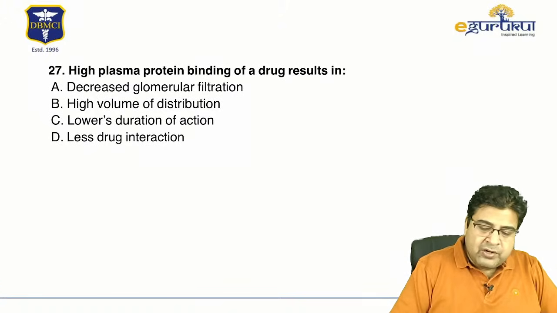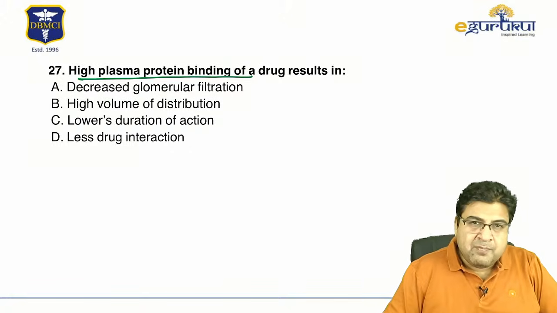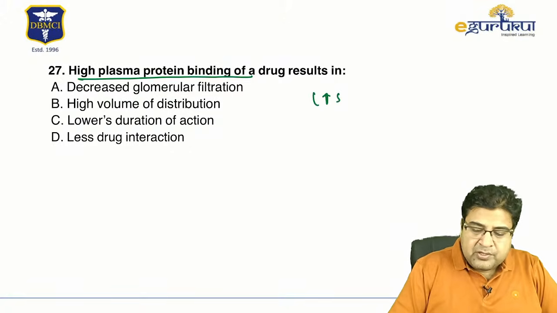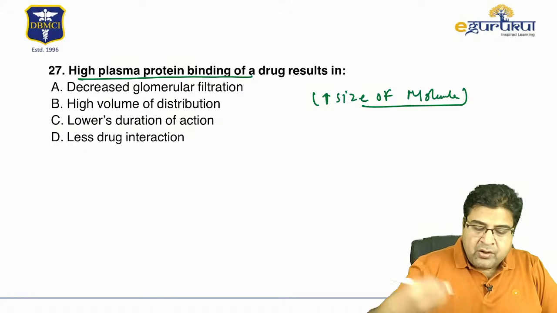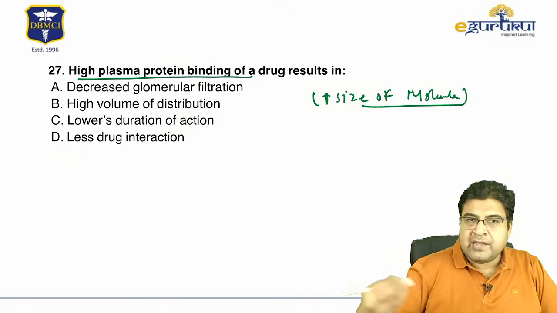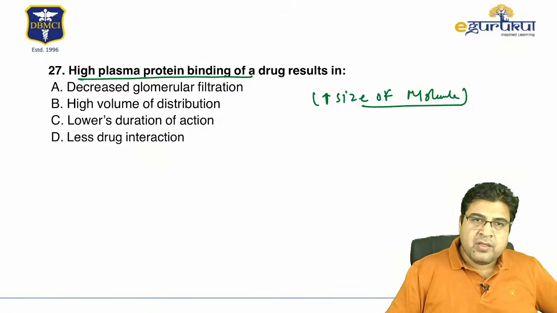Question 27, what will happen if the medicine is highly plasma protein bound? So if the drug is highly plasma protein bound, then the size of the drug molecule will increase. And when the size of the drug molecule increases, this medicine cannot go out of the plasma space. Medicine cannot go to any organ, right?